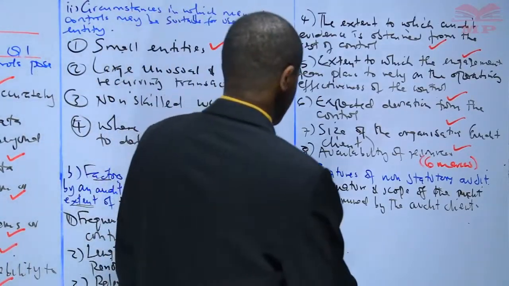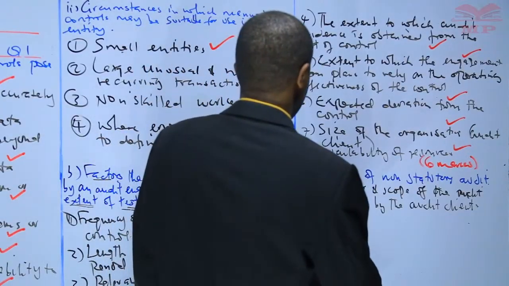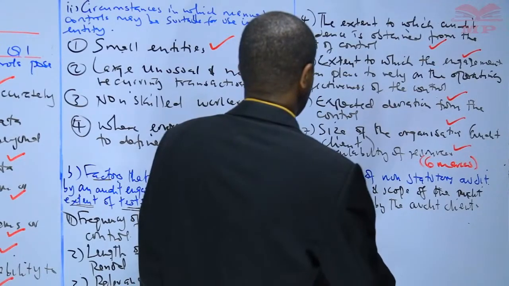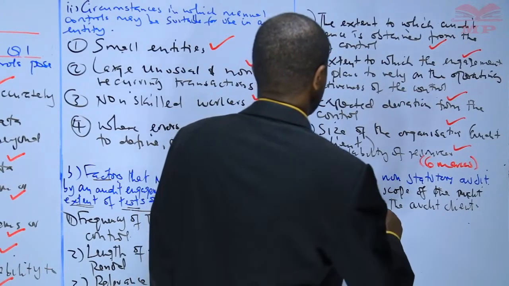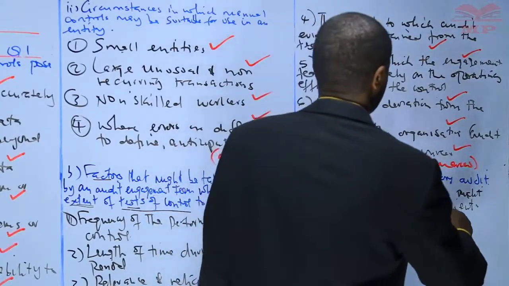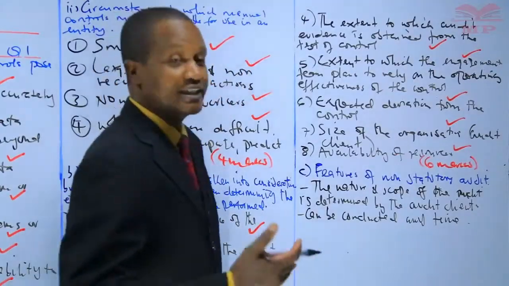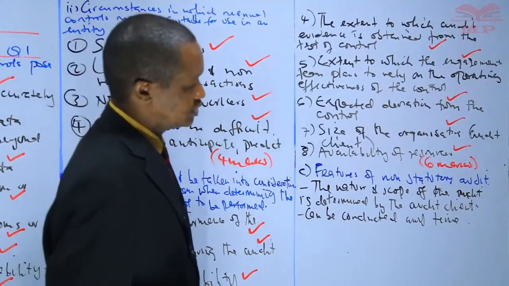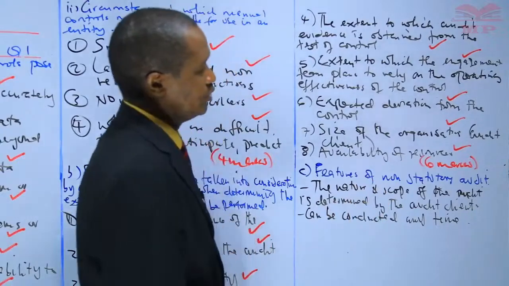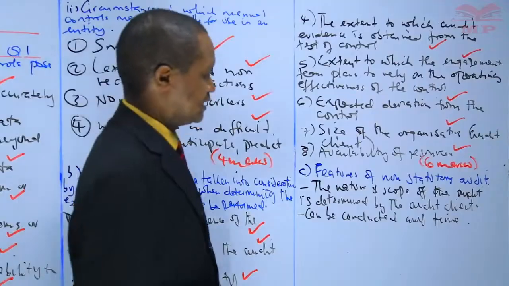Another feature is that the audit can be conducted any time. A non-statutory audit can be conducted any time, as opposed to a statutory audit where the law stipulates clearly when the audit ought to be done.